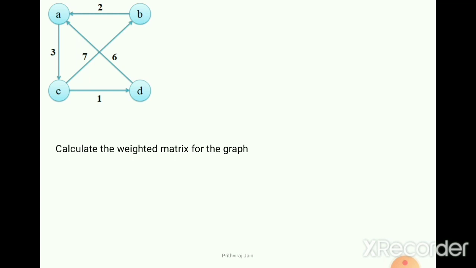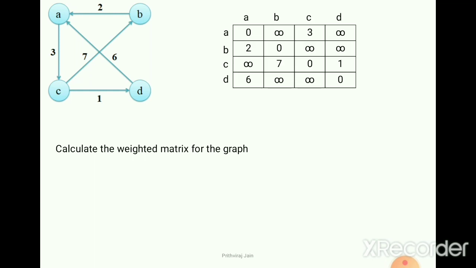If there is no direct path from that vertex to another vertex, then we have to make it infinity, and the cost from the same vertex to the same vertex will always be equal to 0. This is the adjacency weighted matrix for the given graph.